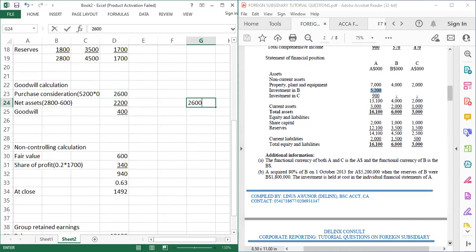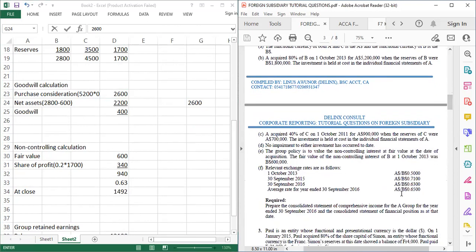But right now, how much will be the 5,200 at the reporting date? It will be 3,276. That will be 0.63 multiplied by 5,200. We are having 3,276, isn't it? All right.